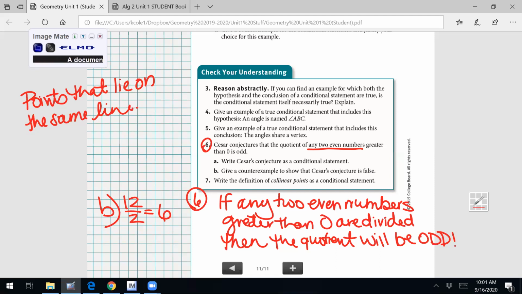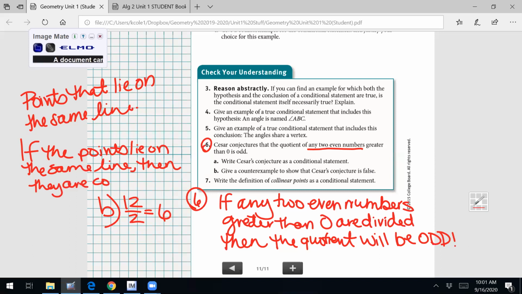So how would we do that? That's right. If the points lie on the same line, that's your hypothesis, then they are collinear.